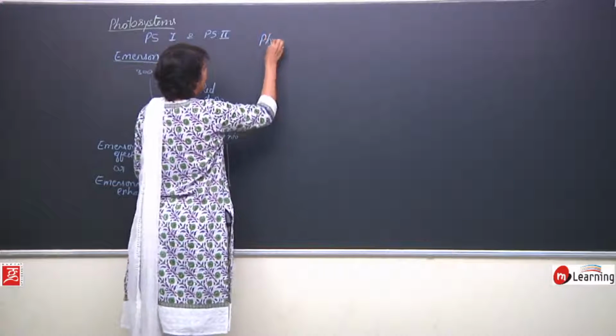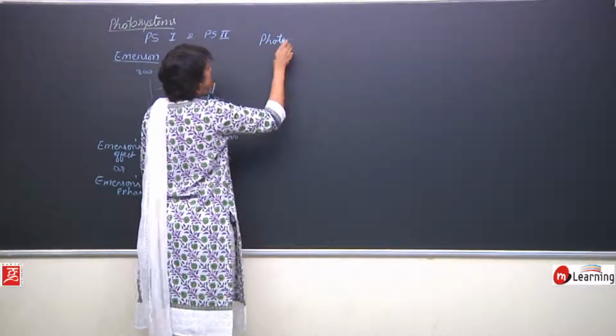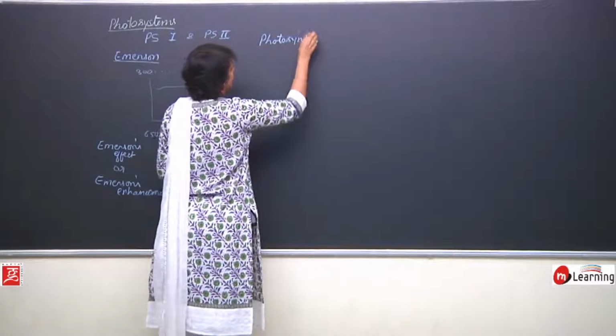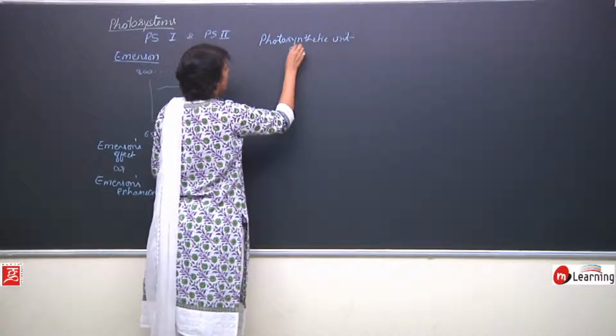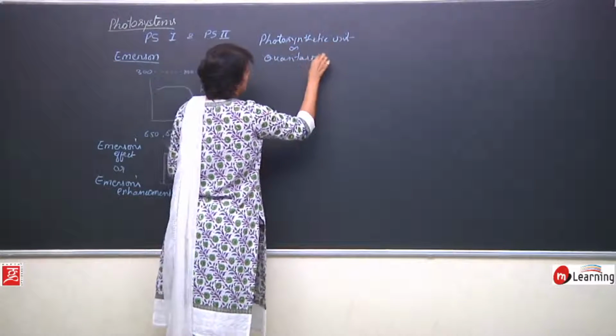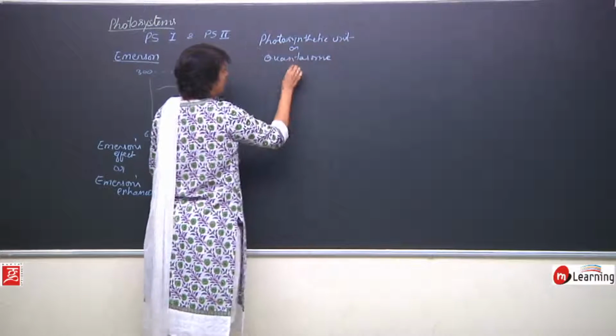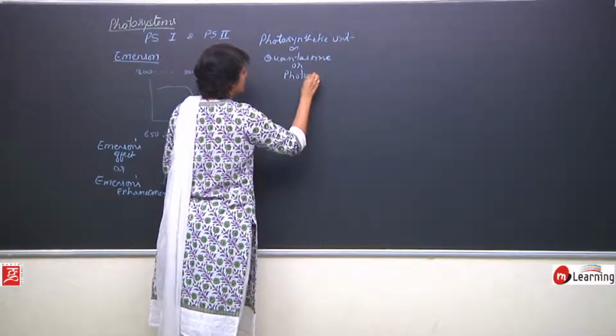So it can be written as photosynthetic unit or quantasome, but the new term which we use is photosystem.